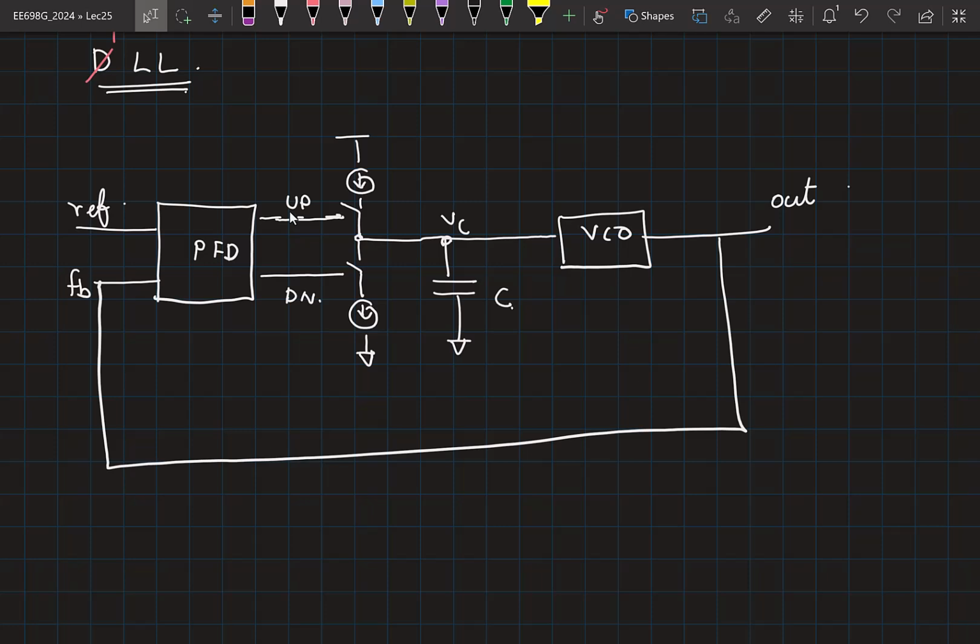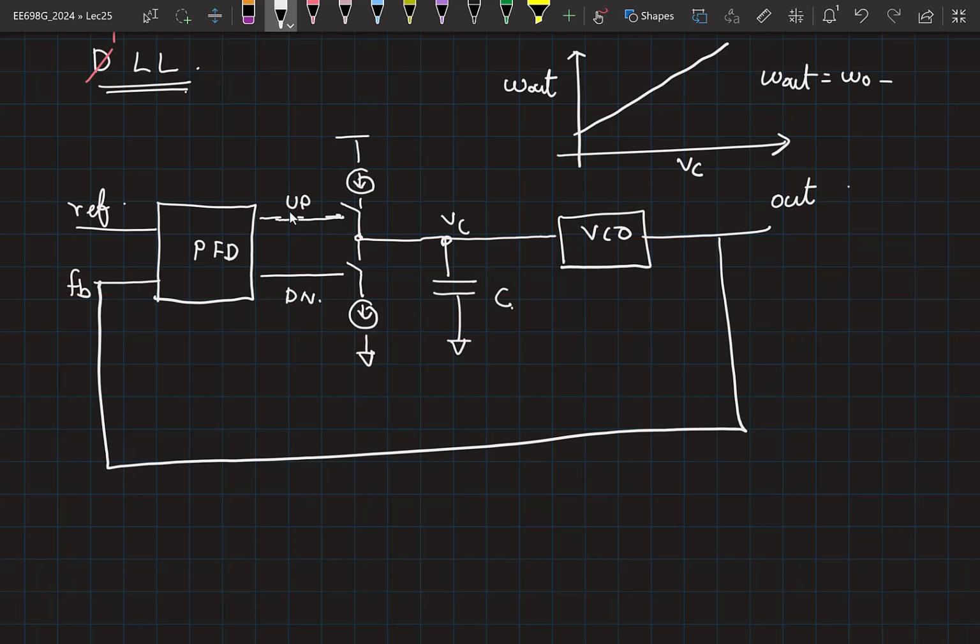We'll assume the ideal VCO characteristics. Let's not complicate it because we are still trying to understand the loop. So with respect to VC, you have omega out in this shape: omega out is some omega naught plus K_VCO times VC.